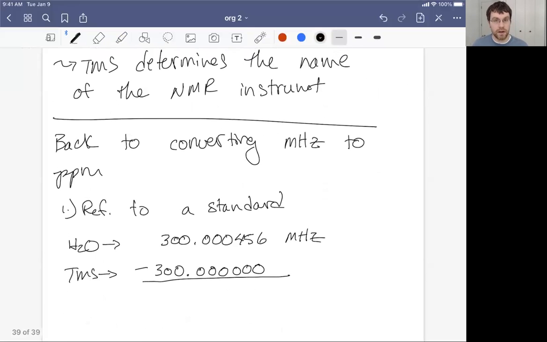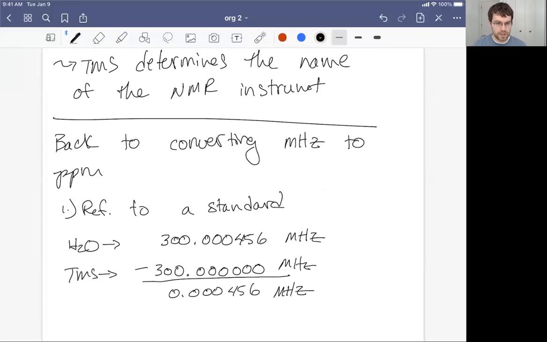So what we're doing when we reference something is we're subtracting its value from the observed value that we're trying to understand. So the new value that we get is 0.000456, and we have megahertz to megahertz. Okay.